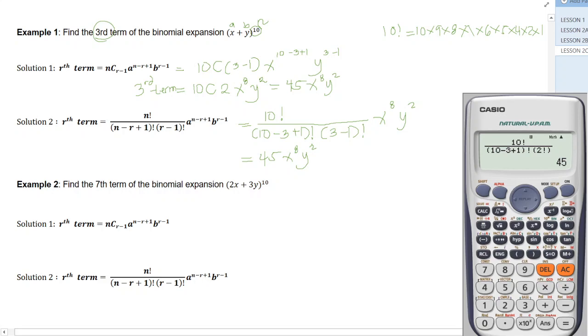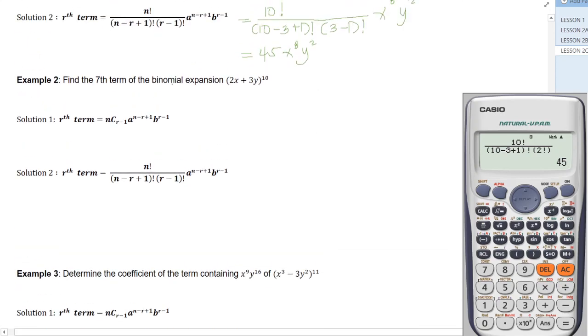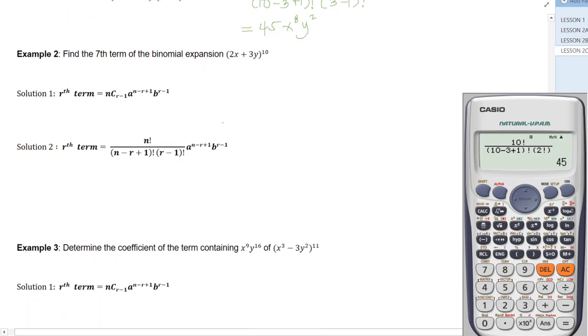So it's the same. Okay, so if we'll be having this example number 2, we have already your coefficients of your x and y. So this will be your a, this will be your b, and this one will be your n. Okay, so using your calculator, let us just do that one.